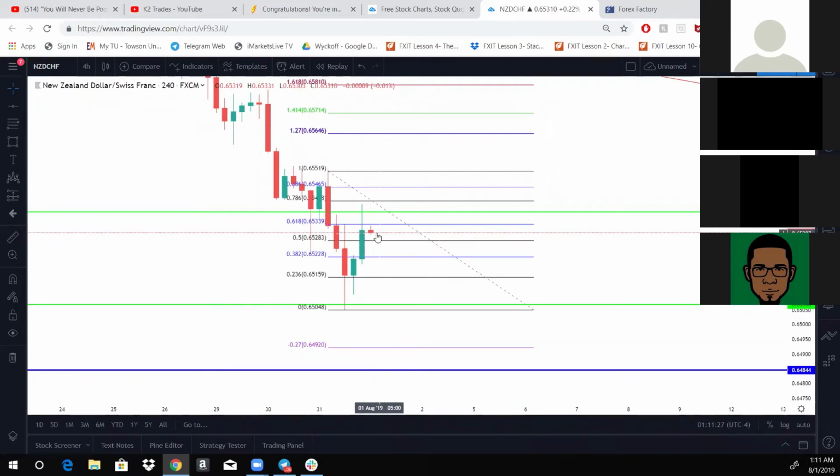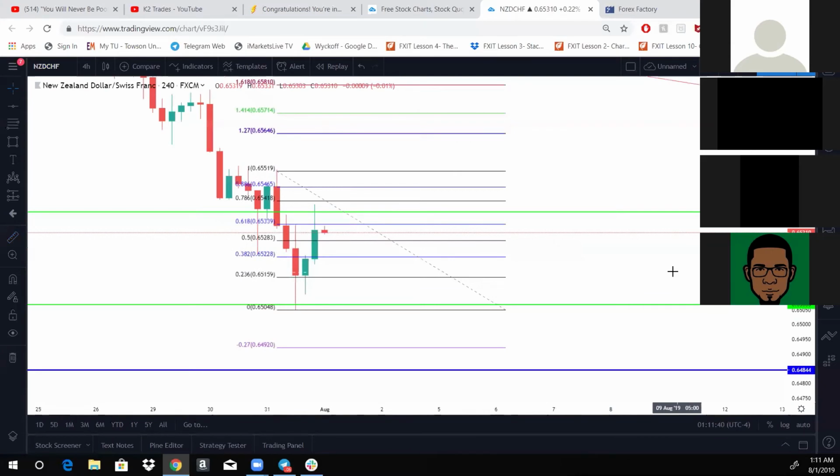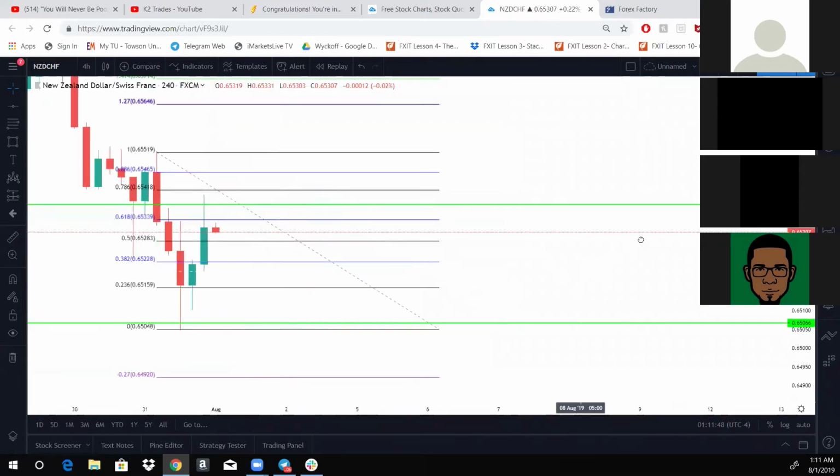Let me see, risk reward. Actually, you can enter now with maybe a 25, 30 pip stop loss, but that's like one-to-one risk reward. So I personally don't do that.